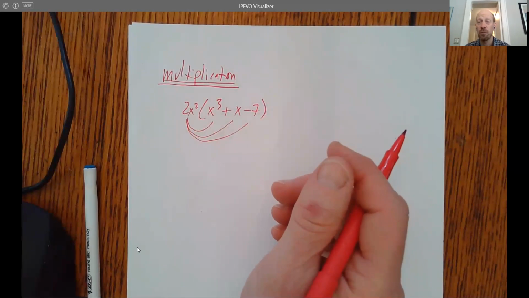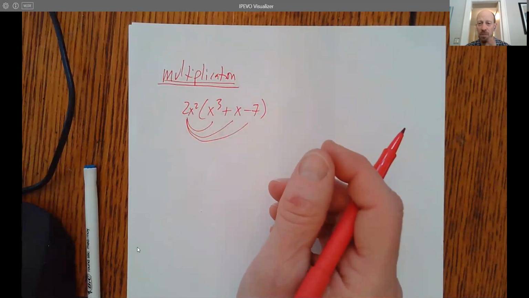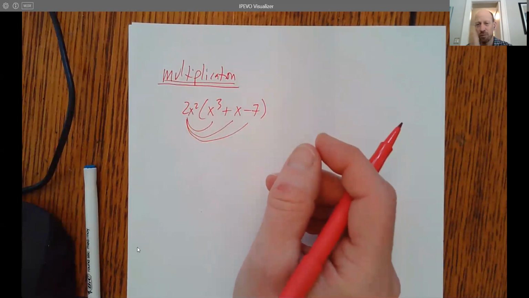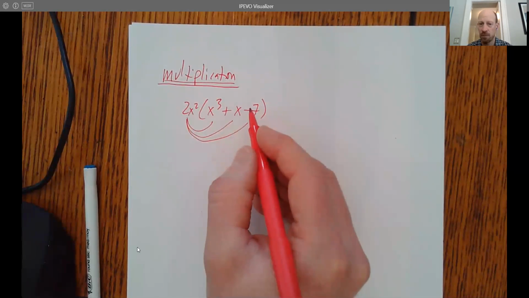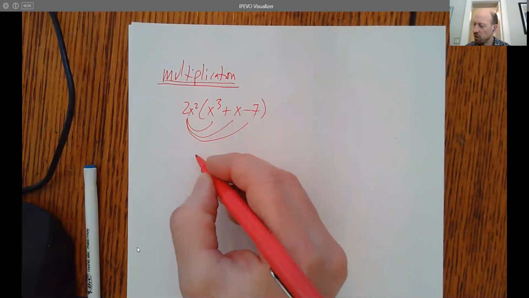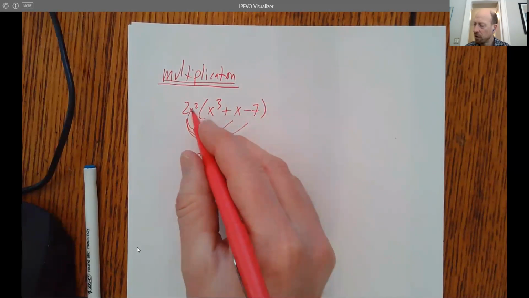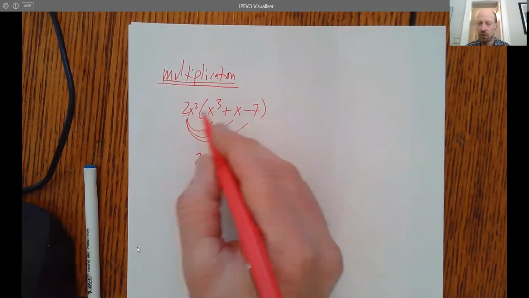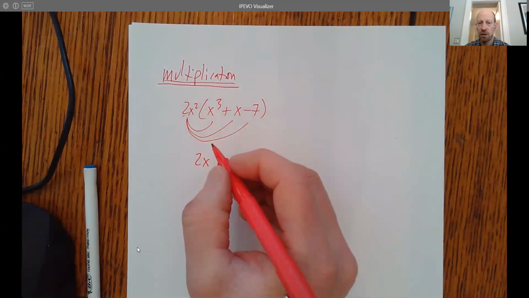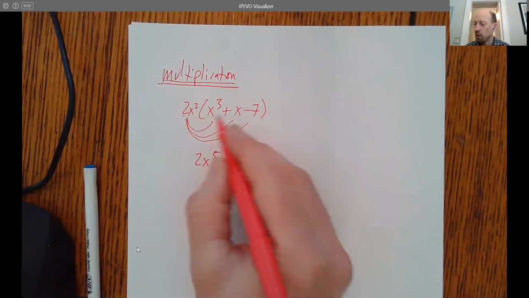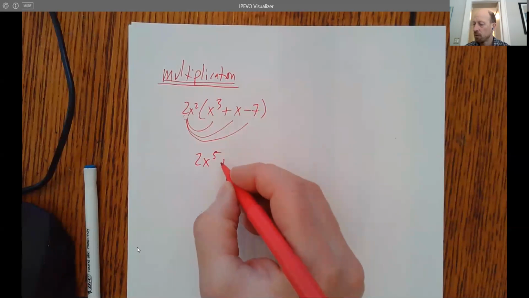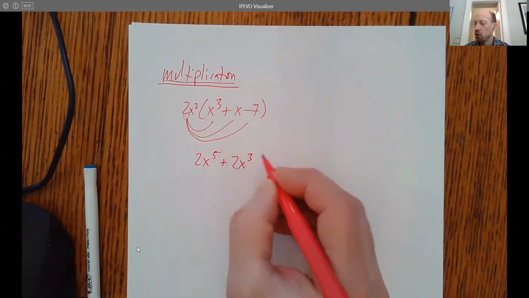When you're working with polynomials, you really want to organize by term, right? So when I look at a polynomial, I'm always breaking it down into how many pieces or terms are there. So each of these, then I can figure out sort of independently. 2x squared times x cubed is going to be 2x to the 5th. 2x squared times x is 2x cubed.